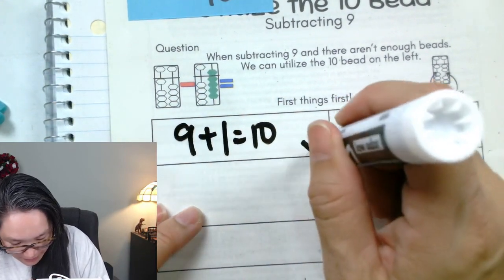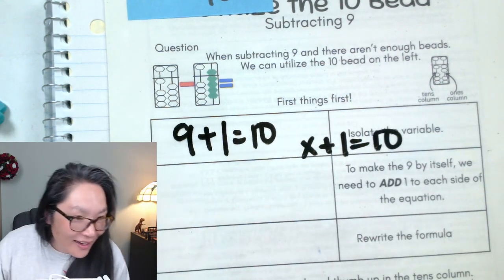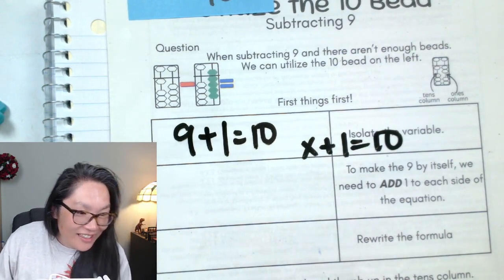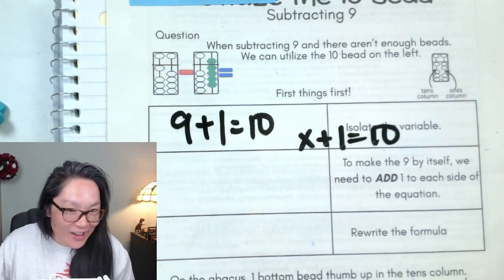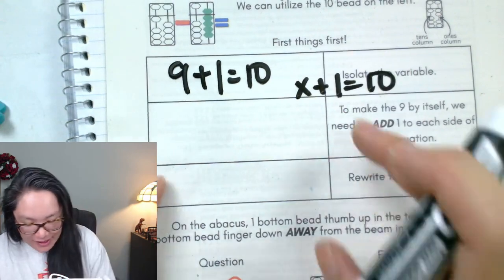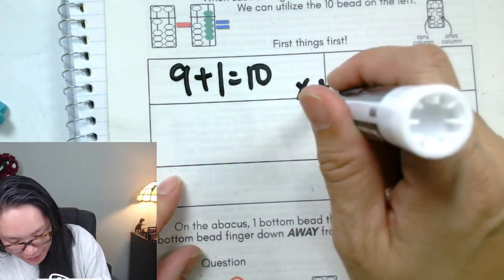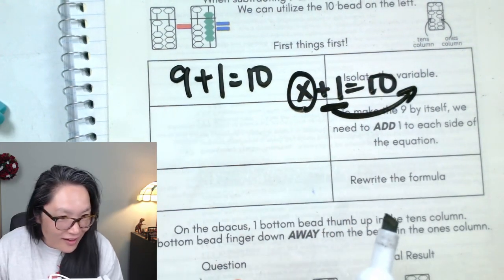It's the same thing as x plus 1 equals 10. I've been teaching you algebra, but not really, I'm abacus. So what did we do? We isolated the variable. We take this and move it over here.